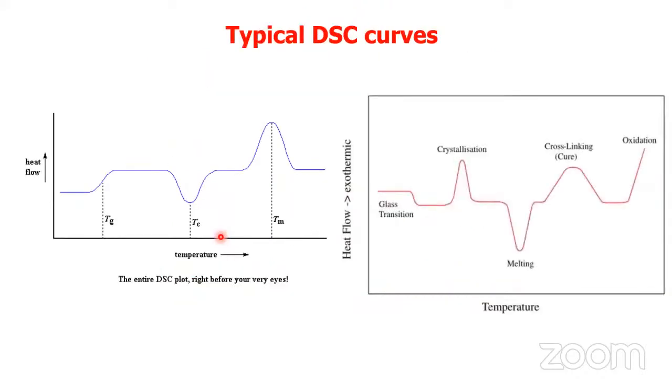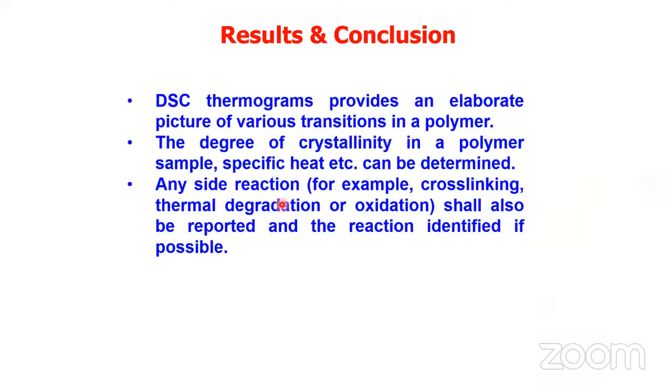As we have already seen the transition temperatures, if you start heating, you will first get Tg, the glass transition temperature, then the melting temperature in a heating cycle, and the crystallization temperature given here we will get in a cooling cycle.